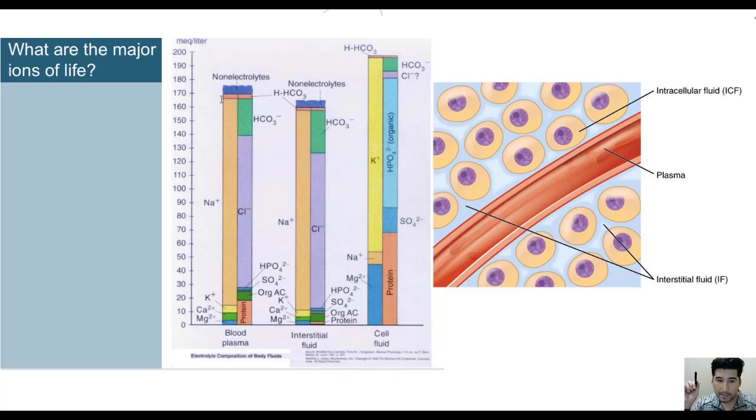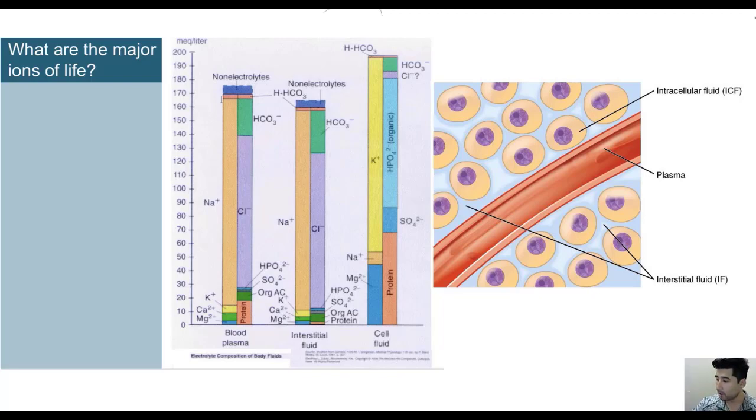Someone in the review session that I hosted last week very astutely pointed out that sodium in your blood plasma has a lower limit of about 15 and an upper limit of 165 milliequivalents per liter. That is very important for you to remember. It can be as low as 15 or as high as 165 milliequivalents per liter.